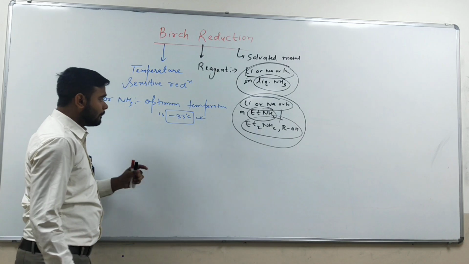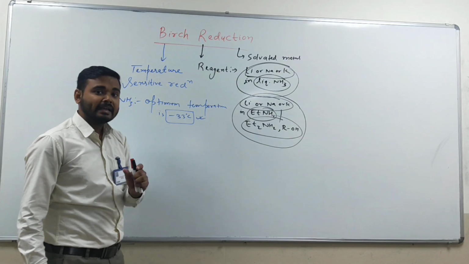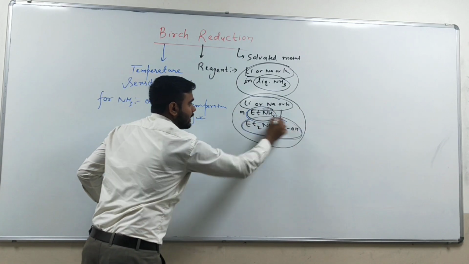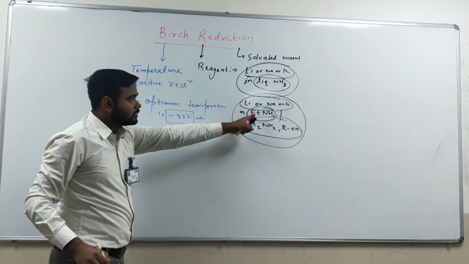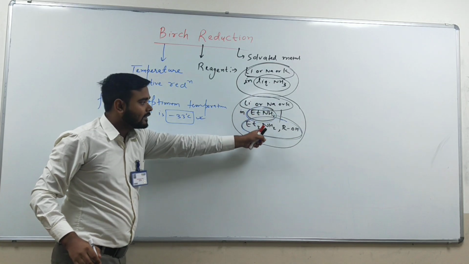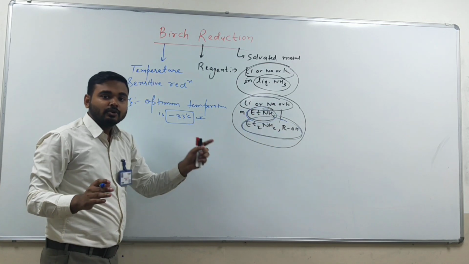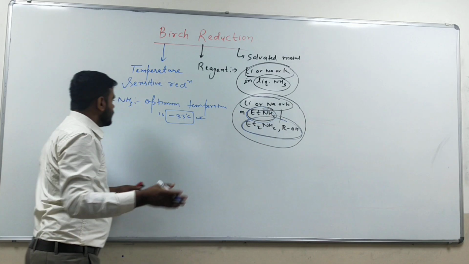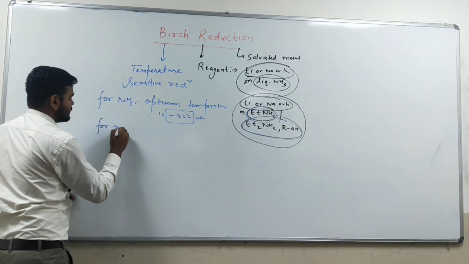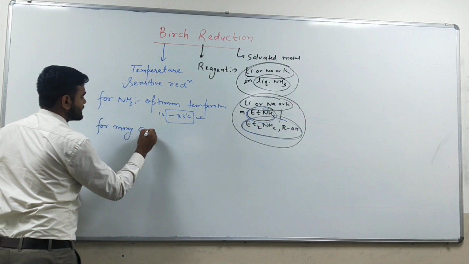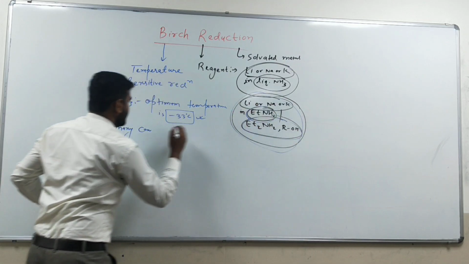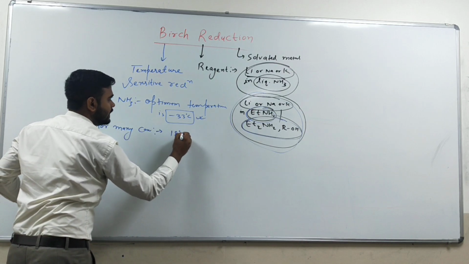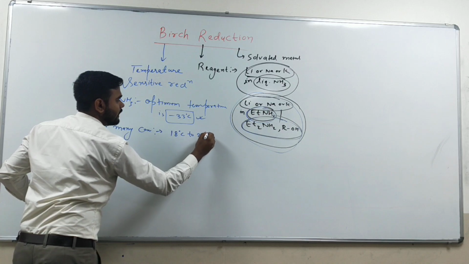But this temperature is very difficult to maintain in the lab. So basically we use this other solvent, because if you use ethylamine, diethylamine or alcohol, then you can keep the temperature between 18 and 25 degrees Celsius.